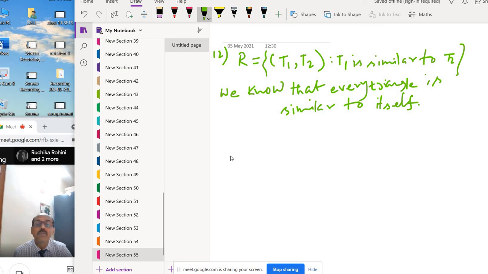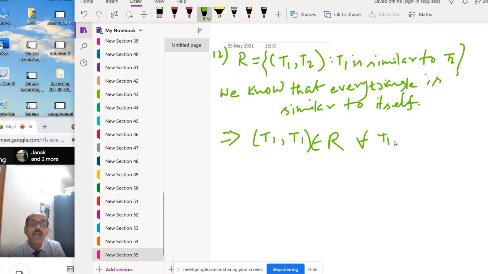Okay. So these imply (T1, T1) belongs to R for all T1 belongs to set A. It is given in the question. Okay.